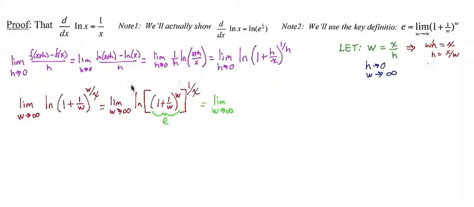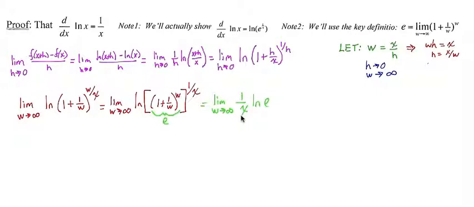so I'm going to bring that down as the coefficient in front. So this would be the limit of, as w approaches infinity, of 1 over x times the natural log of e. Well, the natural log of e is 1, and the limit as w approaches infinity of 1 over x, well, it's 1 over x. There is no w involved whatsoever.